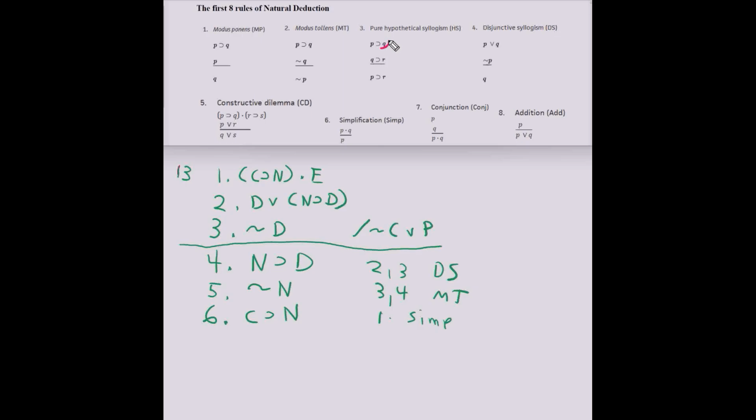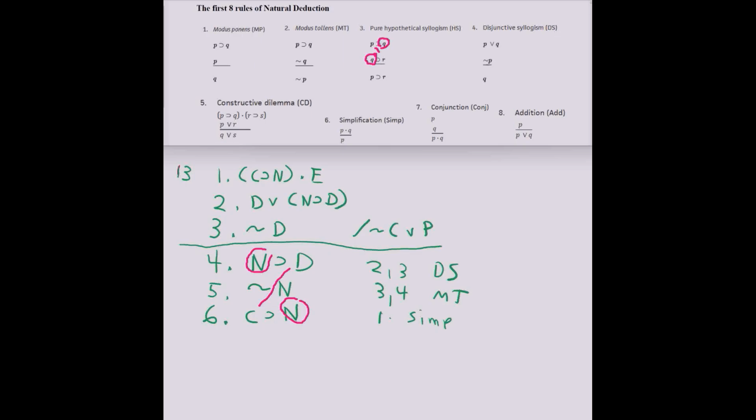When we have a sentence letter as a consequent and a sentence letter as an antecedent, in other words, as the first half of an if-then and as the second half of an if-then, we can join the other two letters with an if-then conditional. So that's exactly what I have here. I have an N here and an N here, which means I can join these two as my conditional. If C then N, but if N then D, so if C, I'm going to get all the way to D if I follow this chain.